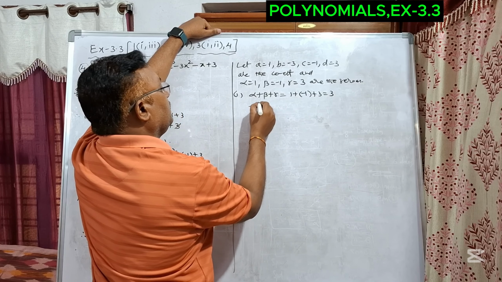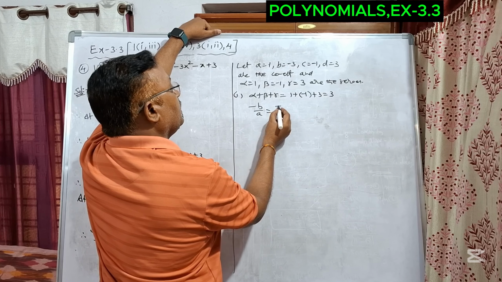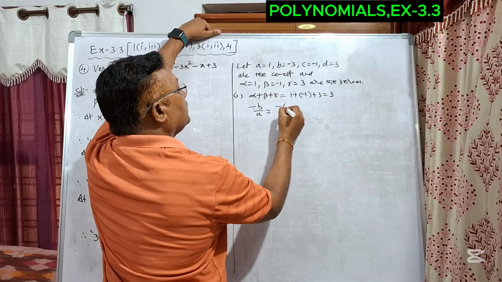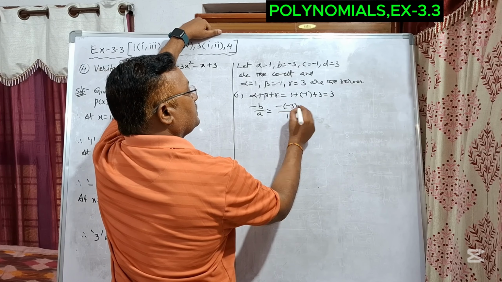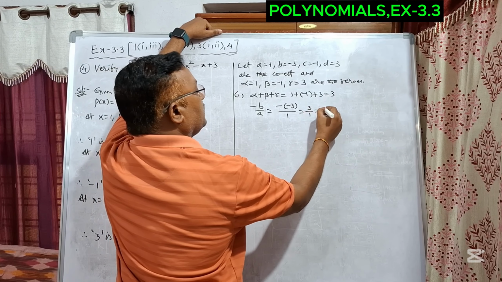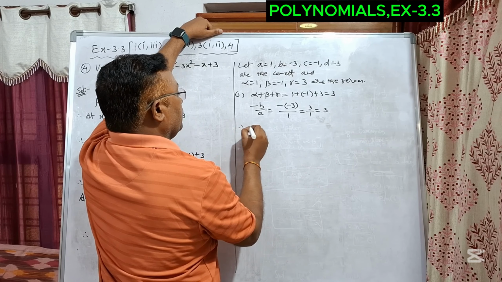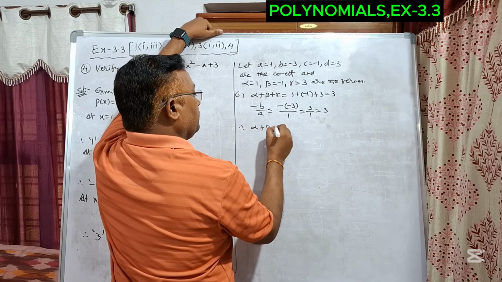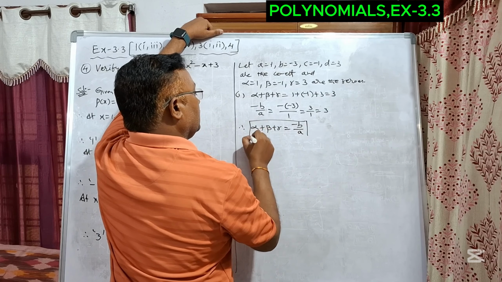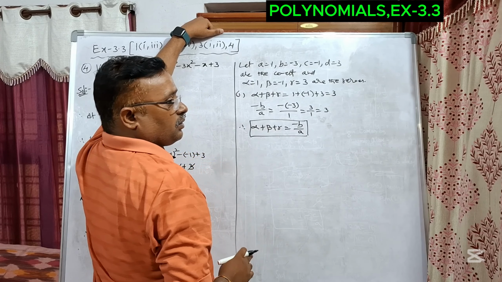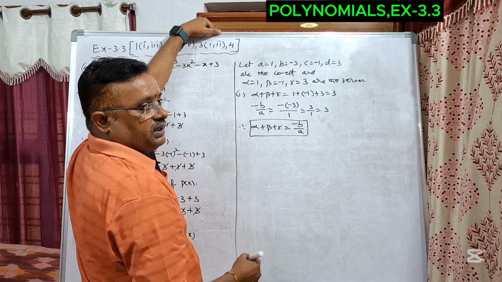Now, the next value minus b by a is equal to minus in the formula, b value minus 3, that one separately by a value 1, that is minus of minus 3 is plus 3 by 1, that equal to plus 3. We observe that both are equal. Therefore, alpha plus beta plus gamma equal to minus b by a is the relation between the zeros and coefficients, such as sum of the zeros equal to minus b by a.